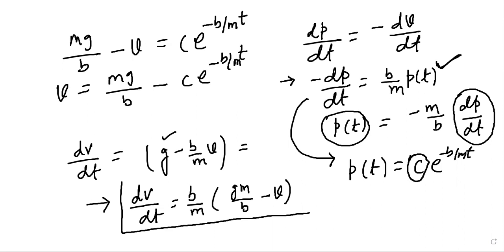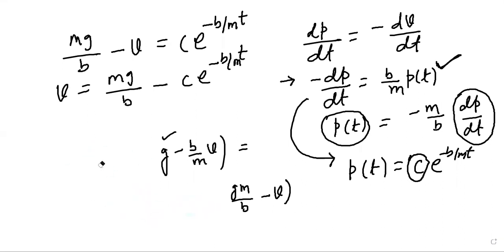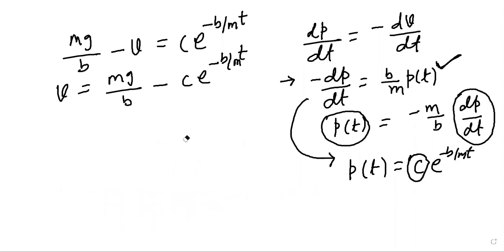Further, let us now find the value of c, the arbitrary constant from the integration. Let us put in the boundary condition. At t equal to 0, when the object is dropped from a certain height, the velocity is also 0.